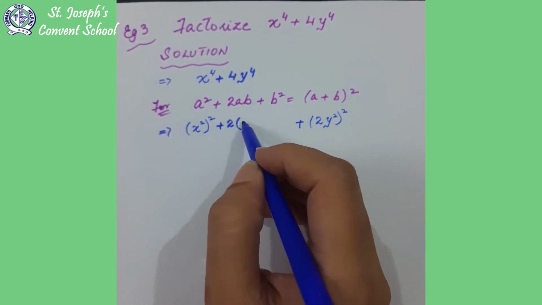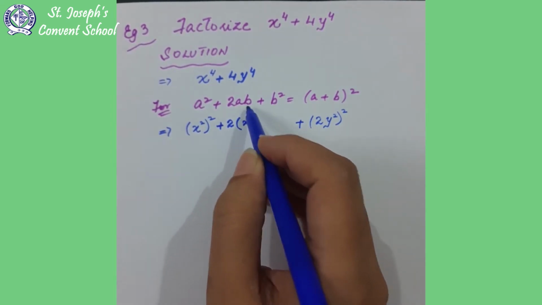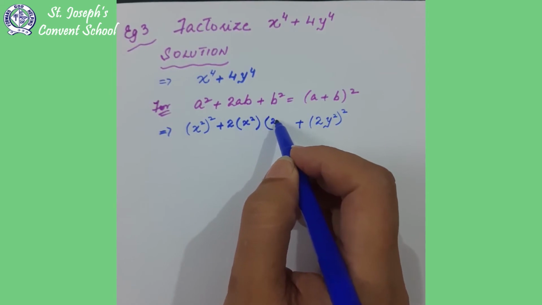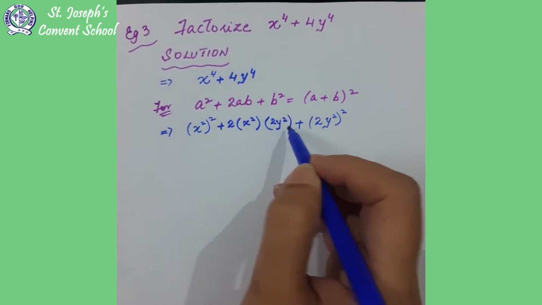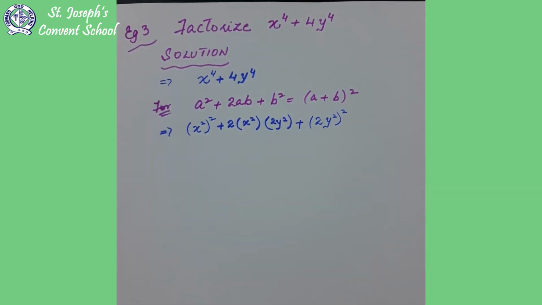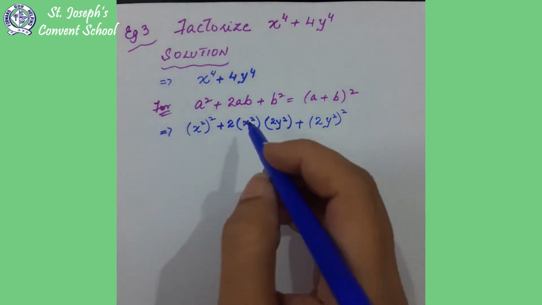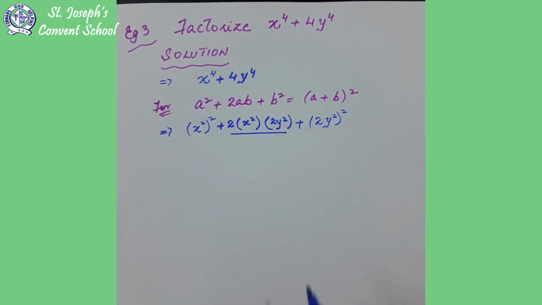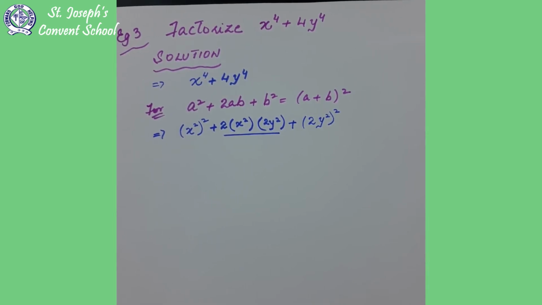A means first term, b means last term, 2y square. Okay, so this middle term we have added. Question was incomplete, middle term was missing, so this we have added. So according to the rule, whatever you add, same thing you have to subtract.